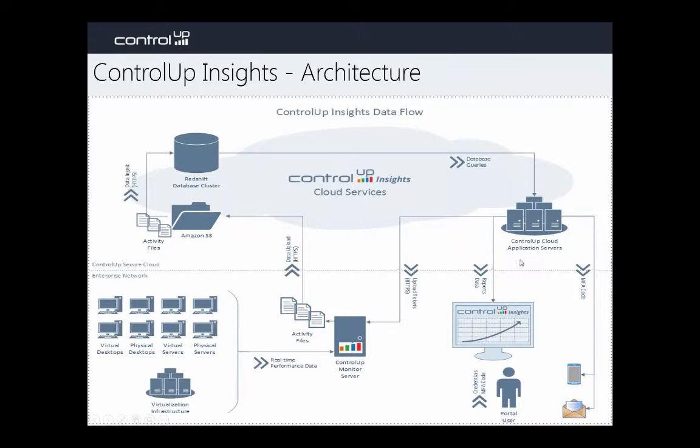And from there, our application servers, which provide the user interface and the web services, actually run the database queries and expose the Insights platform itself. So the great thing about that, I would say, is that we can provide customers with an excellent first-grade historical reporting module without the hassle of installing and maintaining local databases and web services.